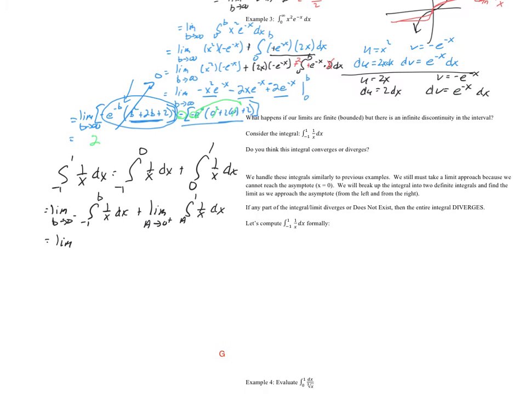So now when I evaluate my integral, I'm going to have the natural log of the absolute value of x evaluated from negative 1 to b, plus my limit as a approaches 0 from the right, my natural log of the absolute value of x evaluated from a to 1.